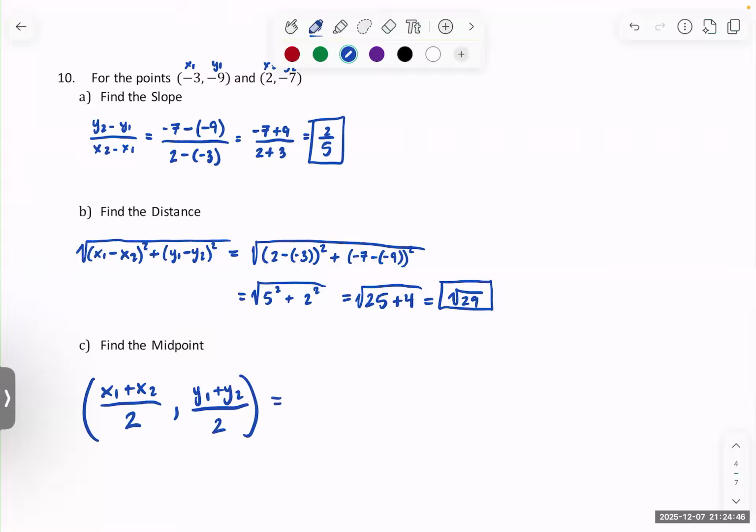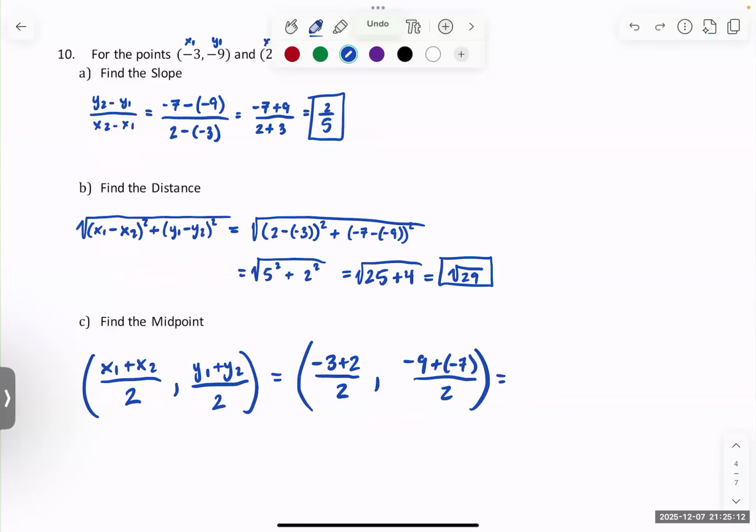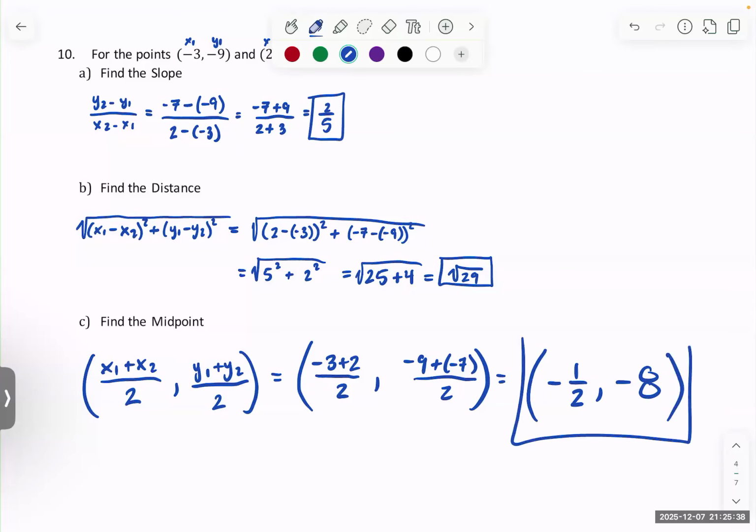So from here, we have negative 3 plus 2 over 2, comma, negative 9 plus negative 7 divided by 2, which when you do the math is equal to -1/2, comma, -16 over 2, that's -8. And that is your final answer.